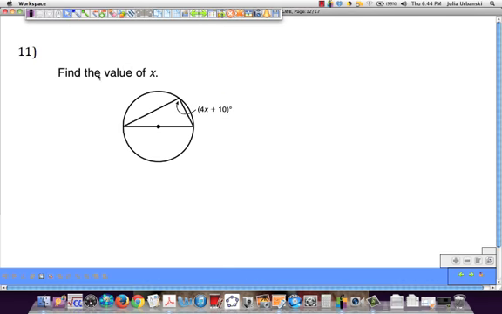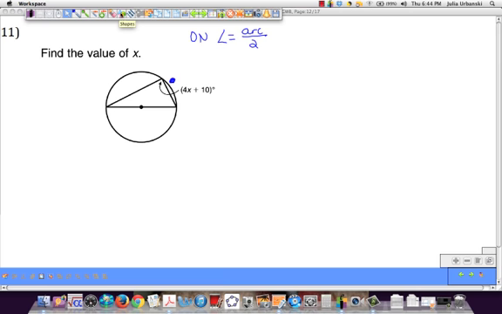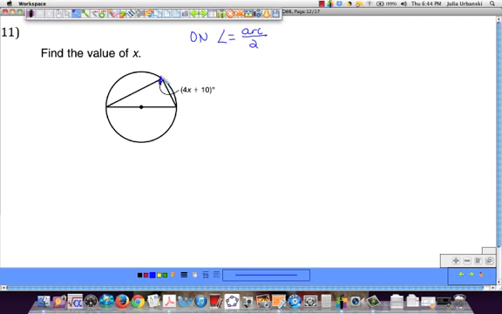Number 11. Find the value of x. Well, x is inside this angle. This angle is right on the edge of the circle. When that happens, the angle equals the arc divided by 2. Okay, well, in this case, the arc that is intercepted by this angle, you go here to the edge, and then you go here to this edge, and the arc is inscribed between there.